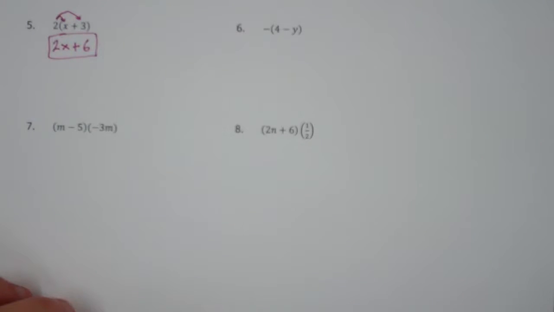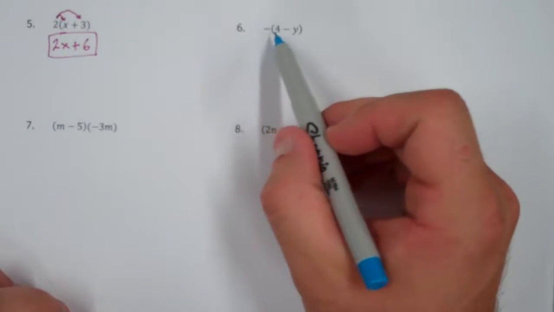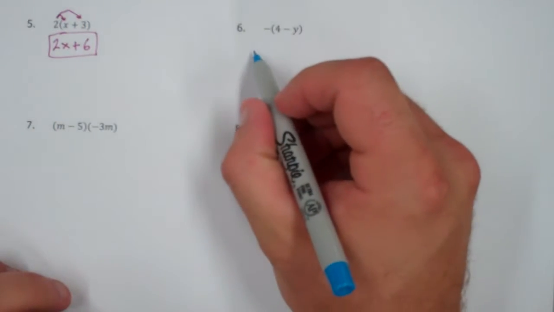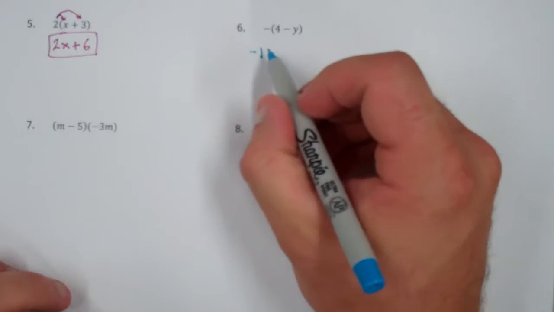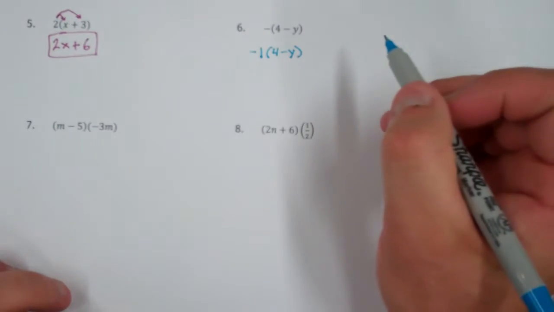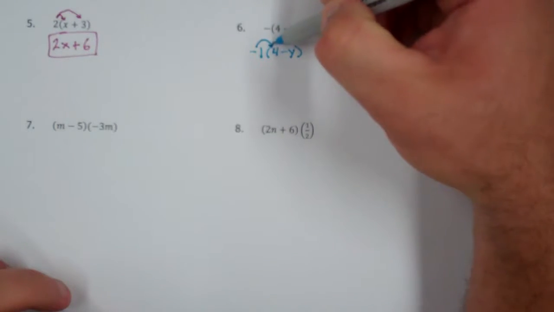And I think probably the second most often made mistake here is on number 6. This negative sign is here and there's no number there. So if it helps you, you can think about this as negative 1 times the quantity here of 4 minus y. You do need to distribute this negative 1.